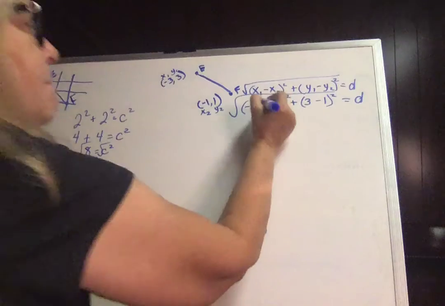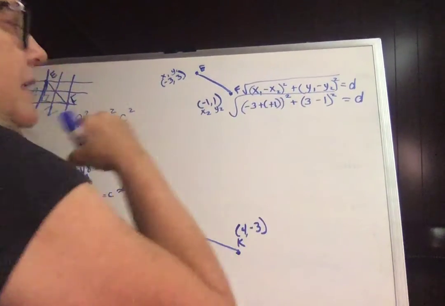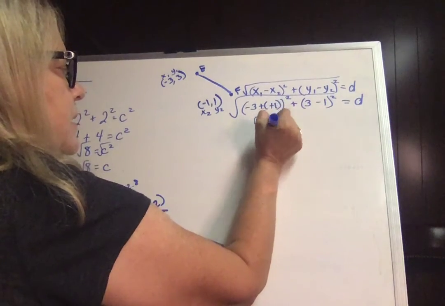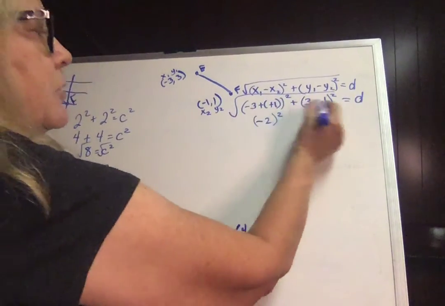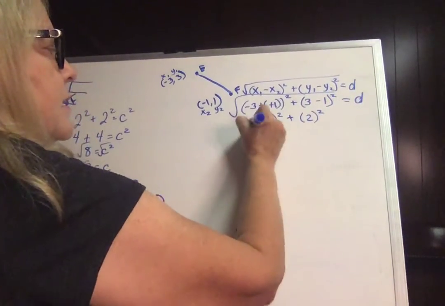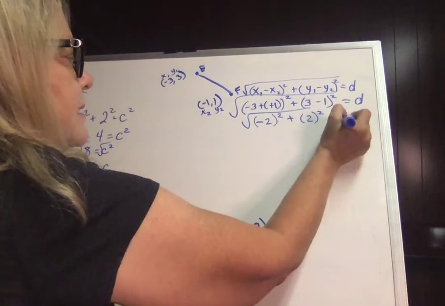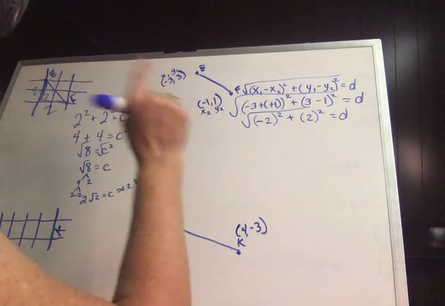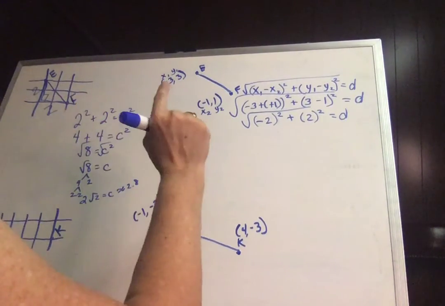Okay, so then let's do the math just to see if it matches. Negative 3 minus a negative is negative 3 plus 1 is negative 2 squared. 3 minus 1 is 2 squared. Take the square root, get the distance. And look right here. Negative 2 times negative 2. Negative times a negative.